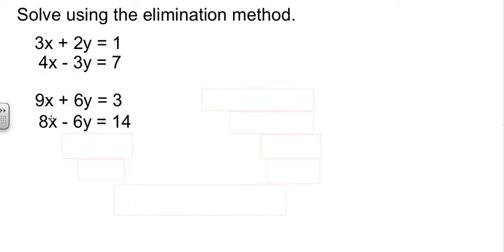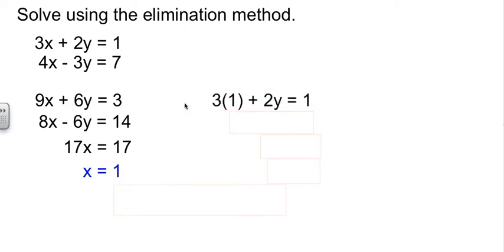Now when I add these things together, 9x plus 8x is 17x. The y's cancel out. 3 plus 14 is 17, so we get the answer x equals 1. Now I can take this number and plug it in to either one of these equations. Doesn't look to me like one is any better than the other, so I just pick the top one.